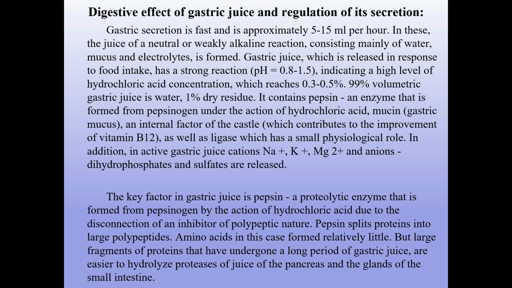The key factor in gastric juice is pepsin, a proteolytic enzyme that is formed from pepsinogen by the action of hydrochloric acid due to the disconnection of an inhibitor of polypeptide nature. Pepsin splits proteins into large polypeptides. Amino acids in this case are formed relatively little, but large fragments of proteins that have undergone a long period of gastric juice action are easier to hydrolyze by proteases of juice of the pancreas and the glands of the small intestine.